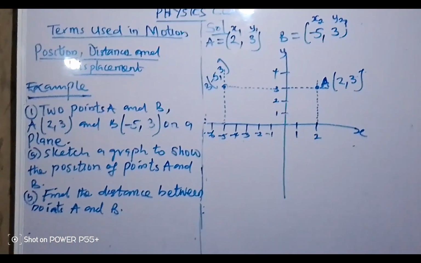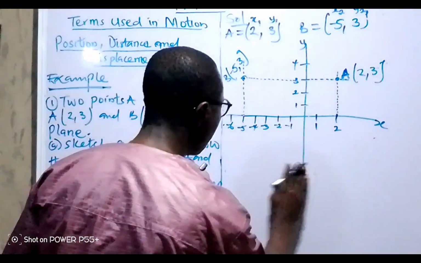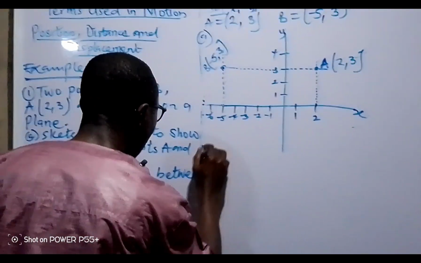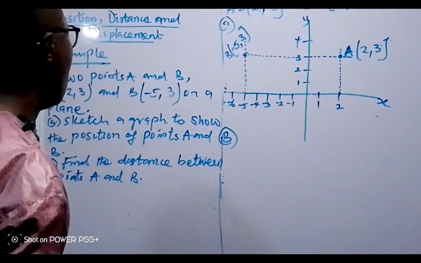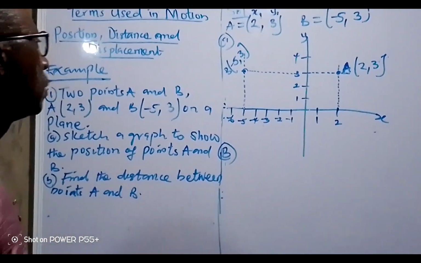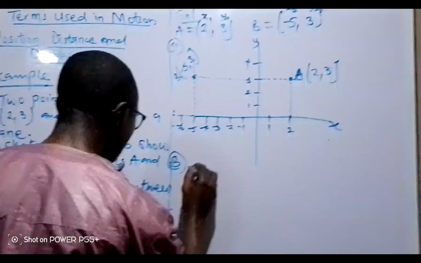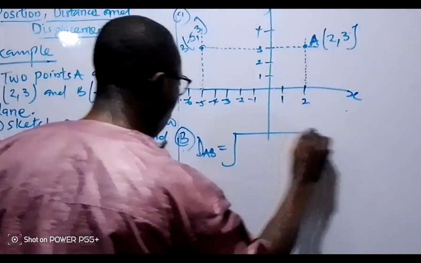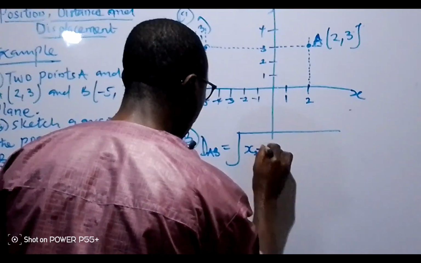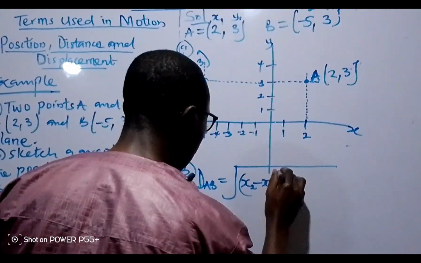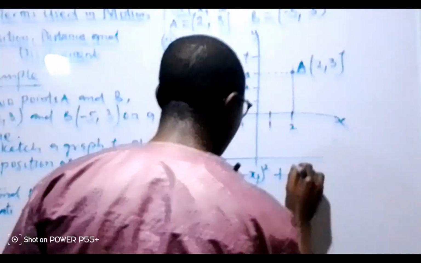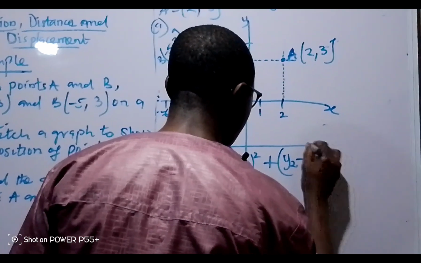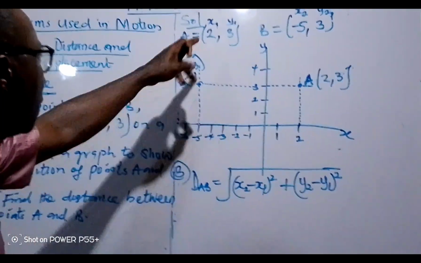This is the answer to A now. The second question says we should find the distance between the points. Then we go back to our formula because this is a two-dimensional coordinate. The distance between A and B will be equal to the square root of (x2 minus x1) squared plus (y2 minus y1) squared. So already we know x2, we know x1.